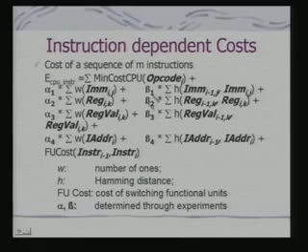So what is the basic idea that comes up from here? We say that it depends on the number of ones, because these are the ones which would actually float on either the data or address bus. These are the ones which have to be activated for execution of the instructions. They have to be put on the data or address bus, and these are the transitions which are expected to take place.